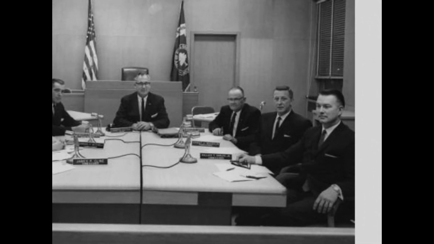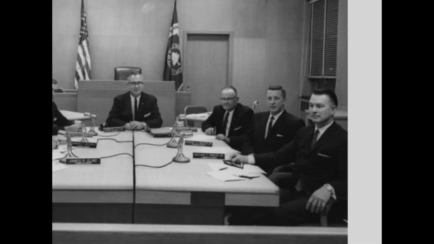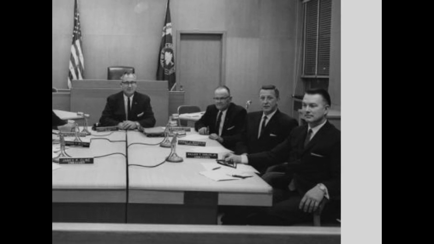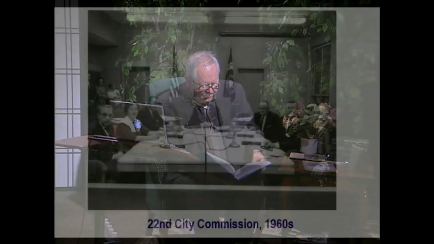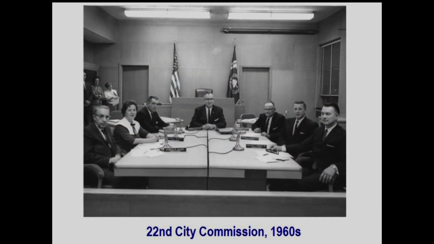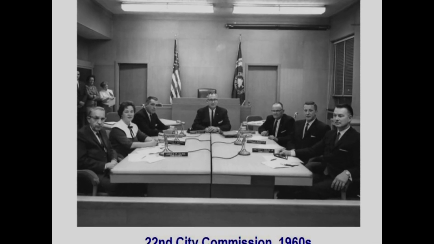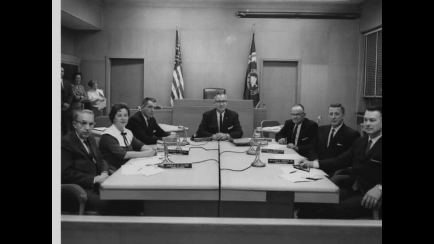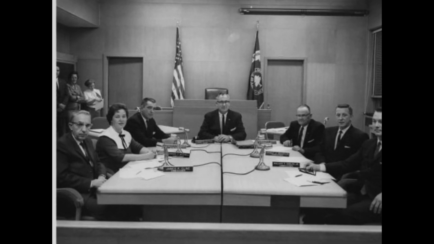The 22nd City Commission served from December 2nd, 1963 through December 6th, 1965. The mayor was L. Curtis Potter. And the commissioners were Klein, Gabler, Horn, Maudlin, Mitchell, and Patnales. In fact, if you look at the photograph carefully, you can actually read their names on the nameplates on the table.